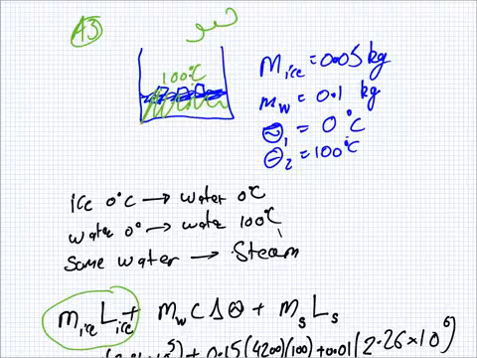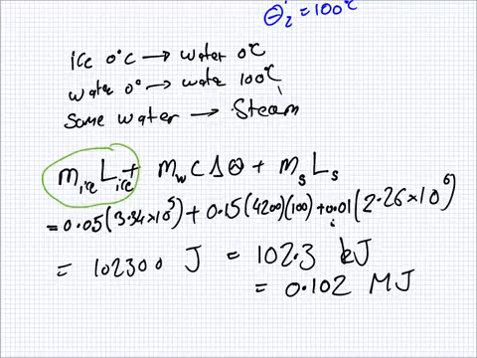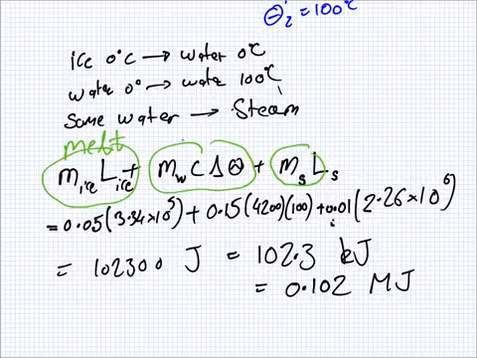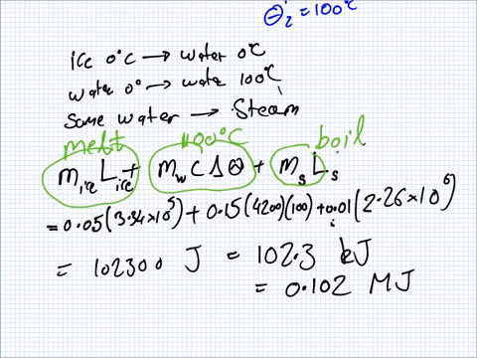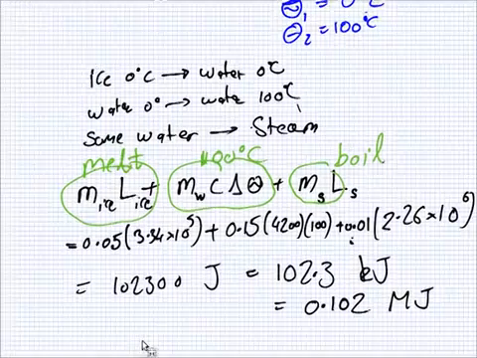It is in the question, the 0.01. Is this what you're asking me? We're doing it in 3 parts added together. This one is to melt the ice, this one is to make it 100 Celsius, and then this one is to boil.